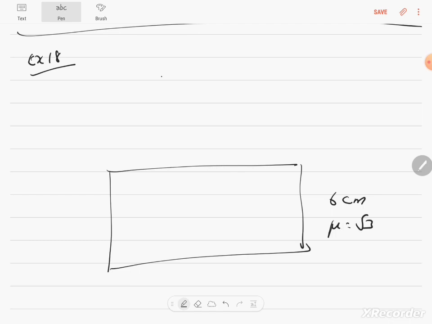When the light is incident on one of the parallel faces at an angle of 60 degree to the normal, it emerges from the other face. Find the lateral shift.